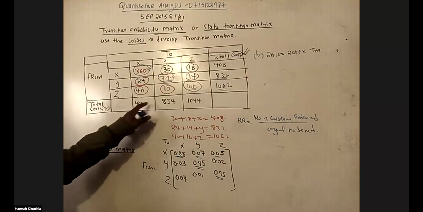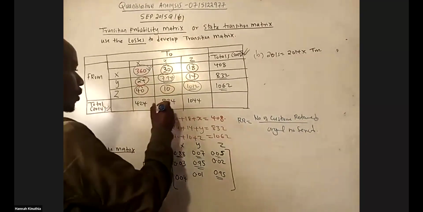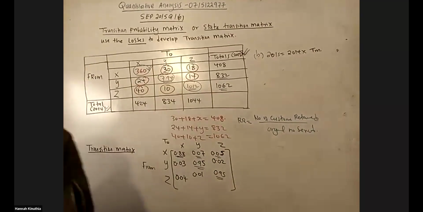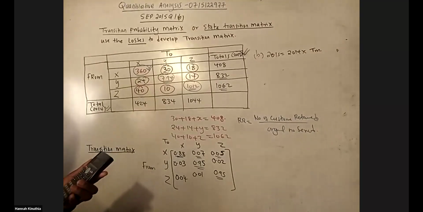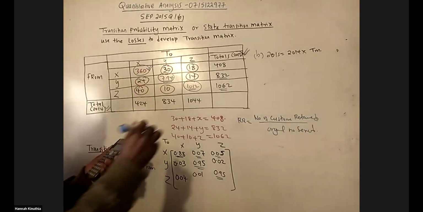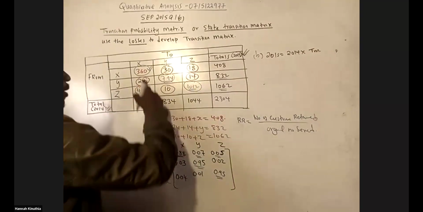So huyu plus who ni ngapi? Hebu add tuone. Yatupatia ngapi? 424 plus 834 plus 1044. 2304. So tuanze na the first one ya x.